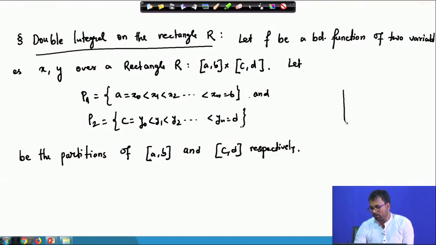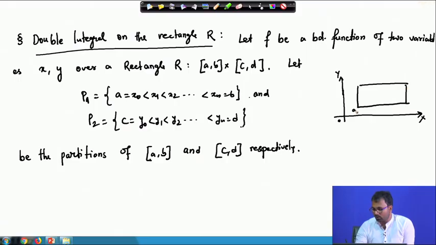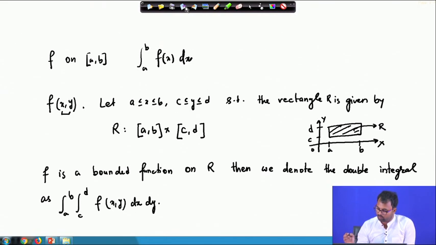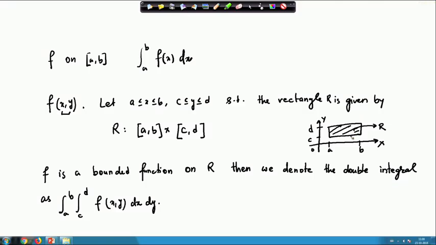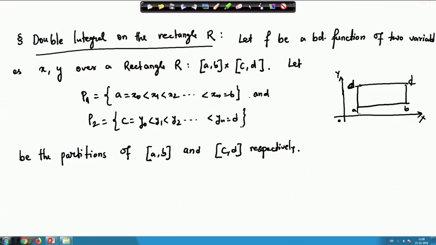So what we are doing is, if we have this interval, let us say this is x and this is y, and this is my a, b, c, d, we are taking the partition of c and d. I have to follow the same terminology. So a, b, and this one is c, d.